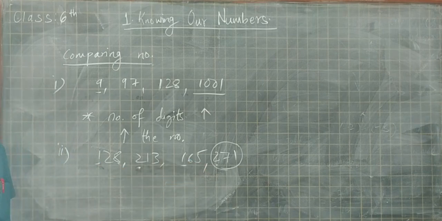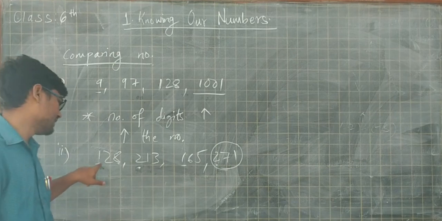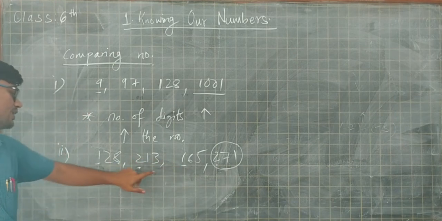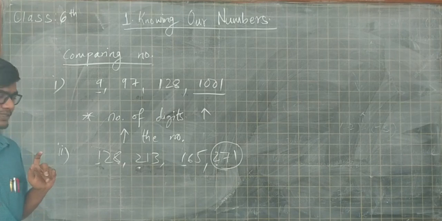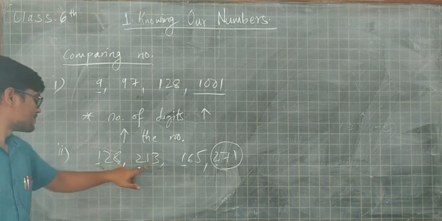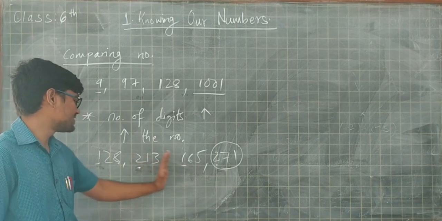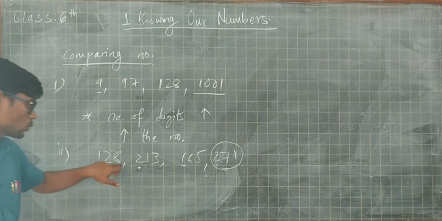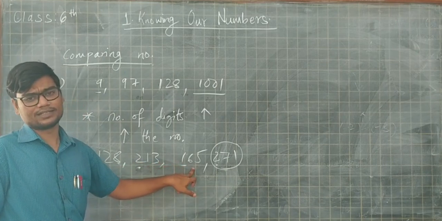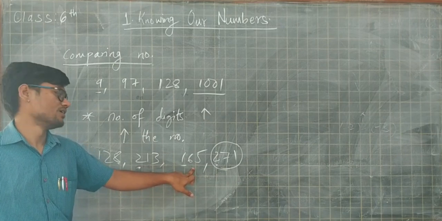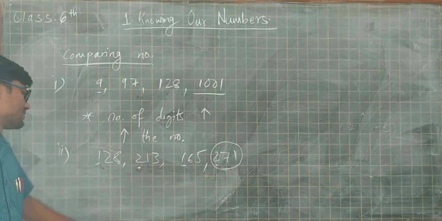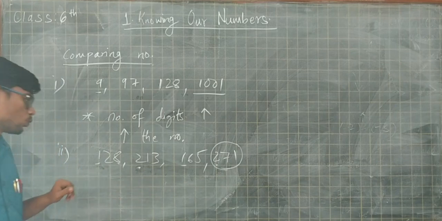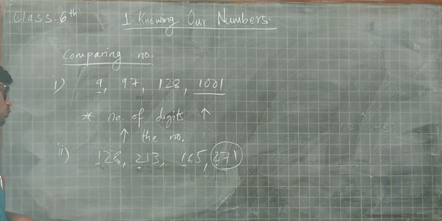Can you tell me the smallest number? These two numbers have 1 in the hundreds place. Now we have to compare the digits at the tens place. Here the digit at tens place is 2 and here at the tens place is 6. We clearly see that 6 is greater than 2.